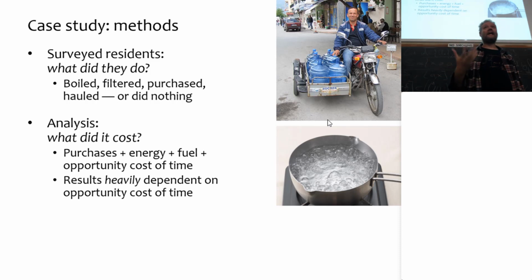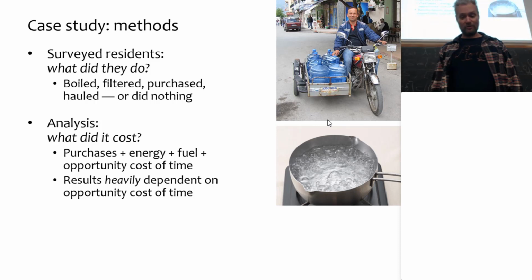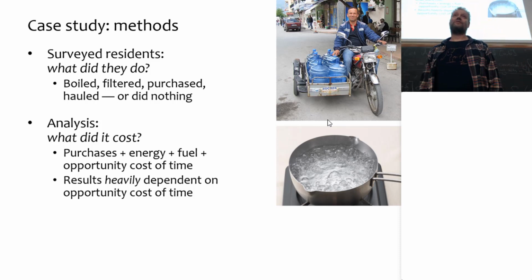The analysis of what it cost is essentially how much they paid for the alternative, and the energy they spent on this, if they, for instance, started to boil water or bought some sort of filter that needed electricity. If they went to the neighboring village or town to get water, as the guy on the motorbike there is doing, how much did they spend on fuel, and then of course, if you're driving up and down the country to get clean water, what is the opportunity cost of time.